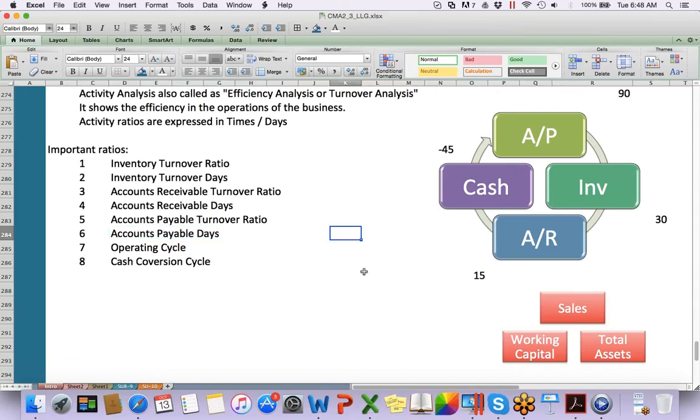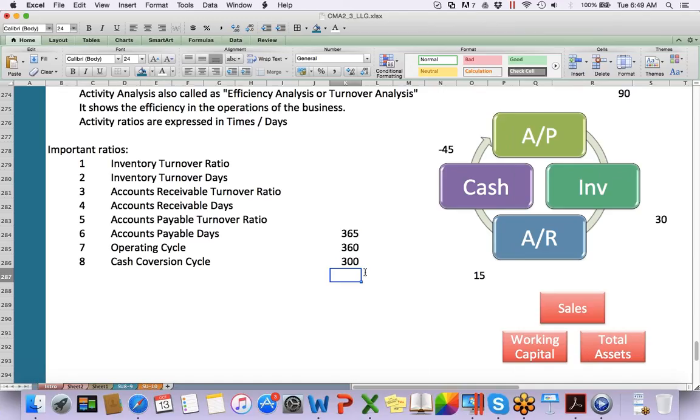Days in a year can be 365 or 360, which means that 5 days in alternate months will be excluded. Some businesses concentrate on 300 days. They exclude weekly holidays. You don't need to worry. The number of days assumed will be very clearly given in the exam, either 365 or 360.